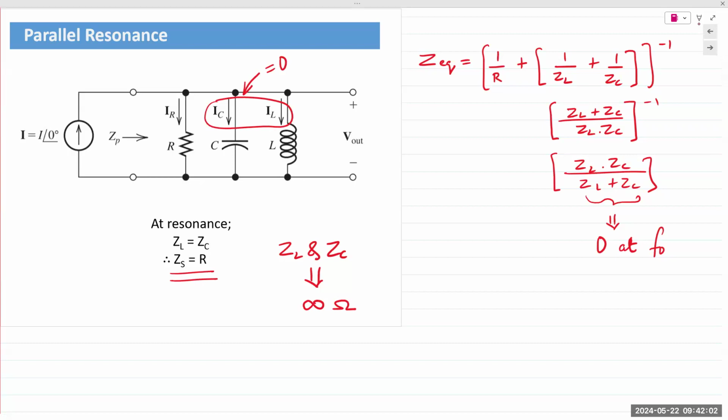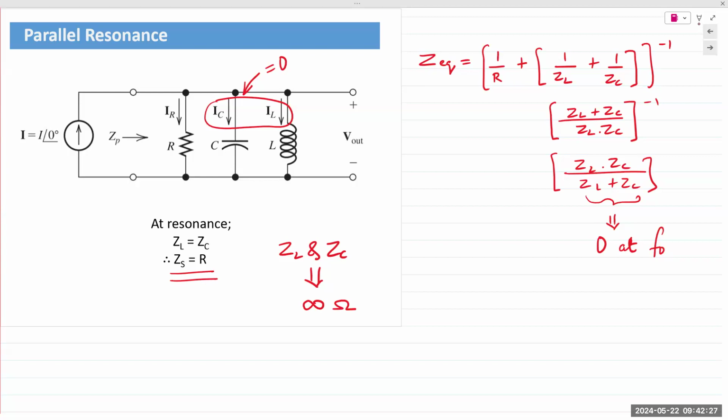So this is the critical difference between the two. The result is exactly the same, but the difference is this. In a series resonant circuit, ZL and ZC combine to give you an effective impedance of 0 ohms. And in a parallel circuit, ZL and ZC combine to give you infinite impedance. But the cumulative effect of both is that it's purely resistive.